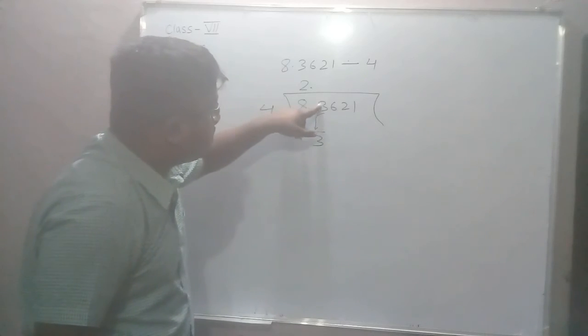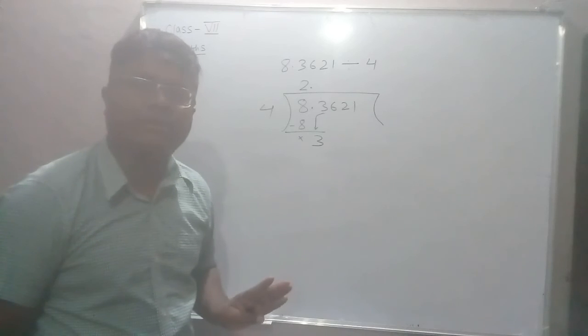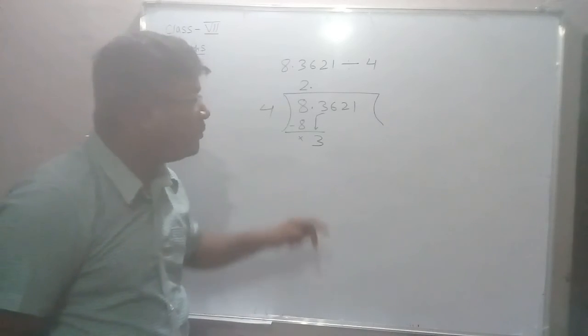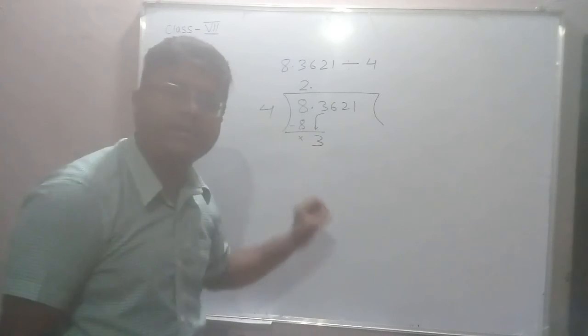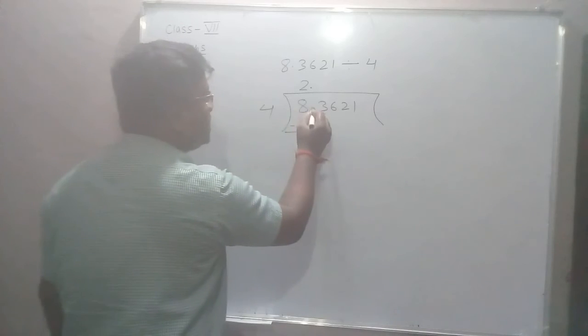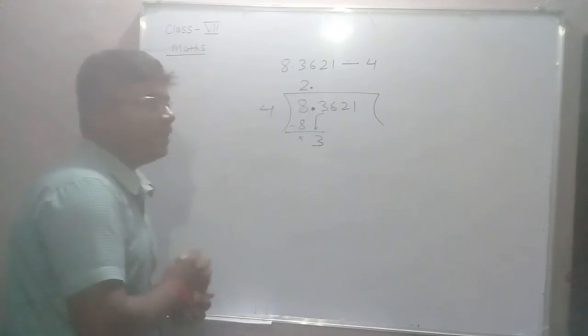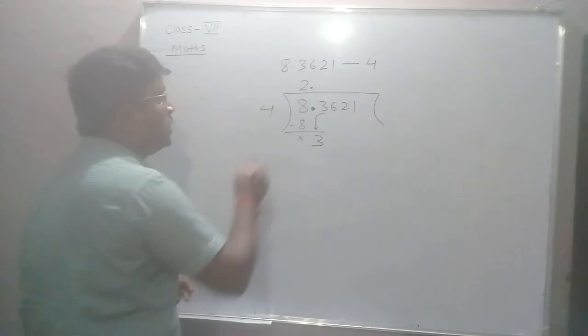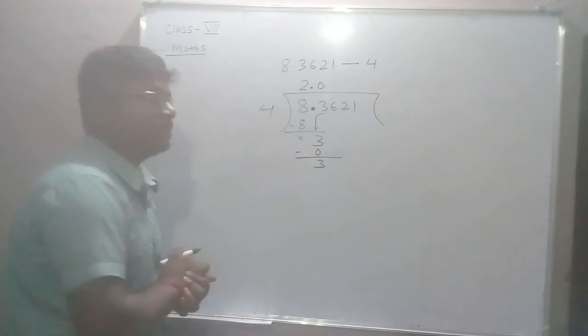If some number comes down here, you must divide it, whether it is smaller or greater, no problem, but you must divide it. If a number comes down from above, we must divide it, even if that number is small. So I put this decimal here. Now this 3 will come down, so 4 zeros are 0. 3 minus 0 is 3.